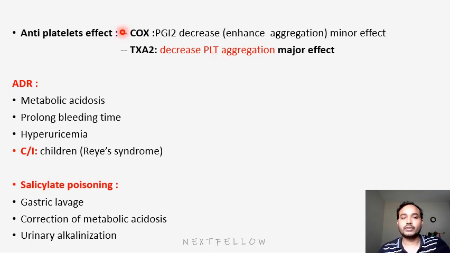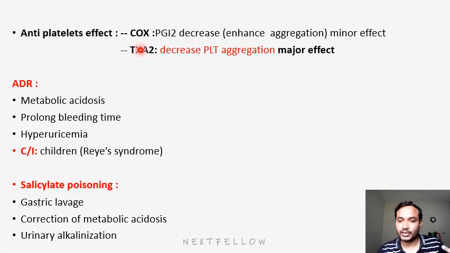One more action: it will inhibit COX also. When we inhibit COX, prostaglandin I2 synthesis will decrease. Prostaglandin I2 decreases aggregation, as we already discussed in the prostaglandin class. These two are contra actions: thromboxane aggregates, prostacyclin decreases aggregation.